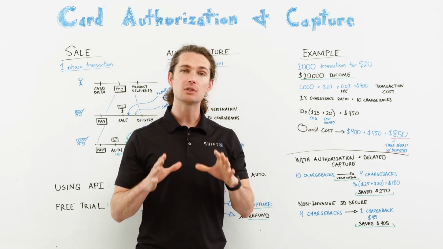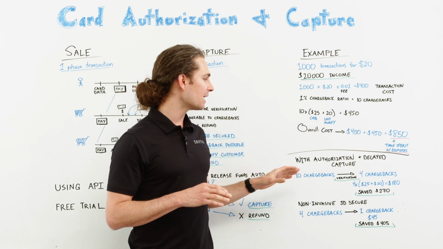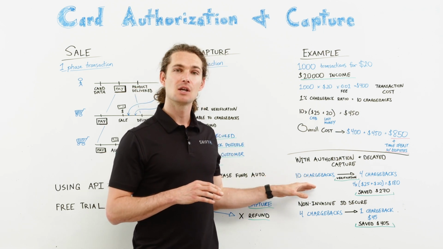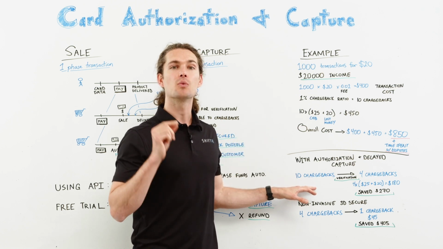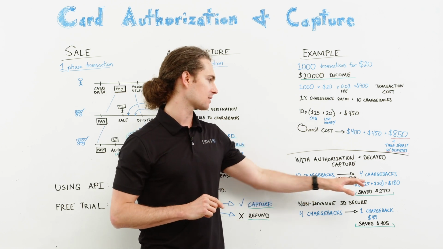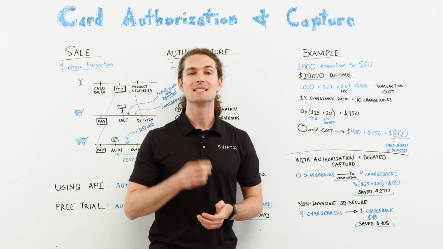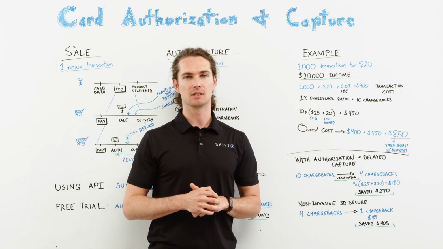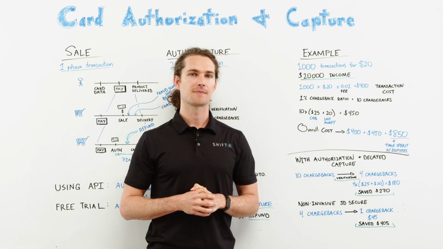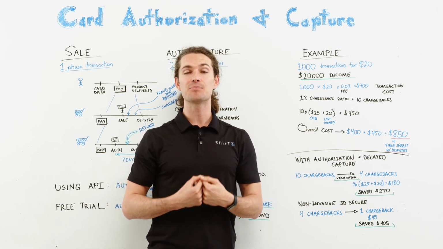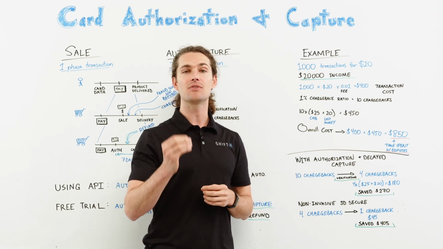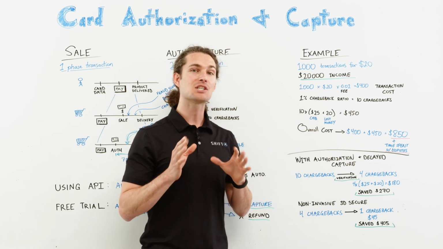This tool reduces merchants' chargebacks by about 60%, which means if we stick to the previous example of 1,000 transactions, we would only have 4 chargebacks instead of 10. This alone would save the merchant $270.